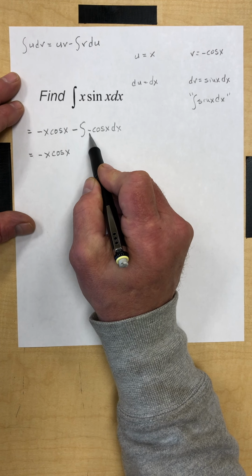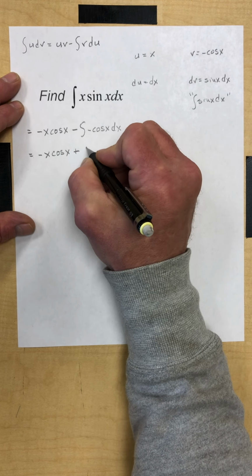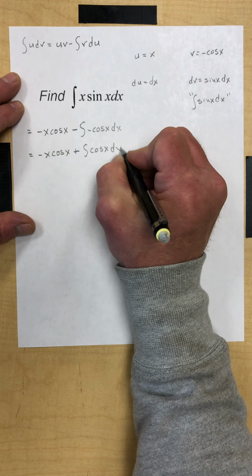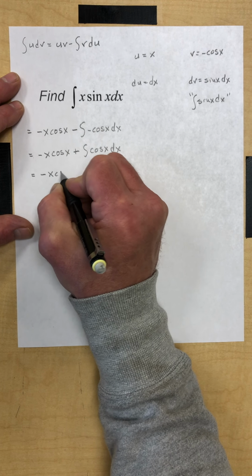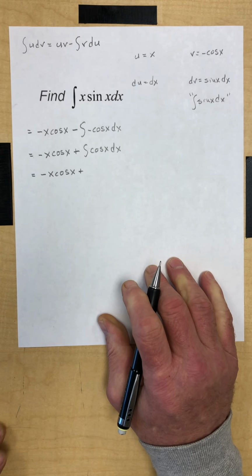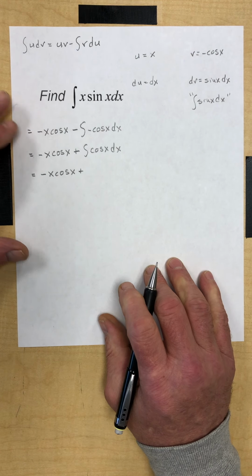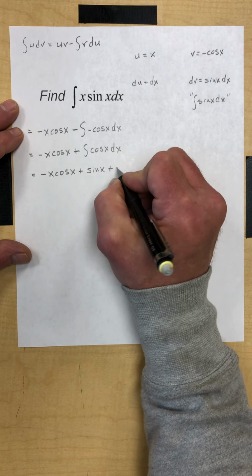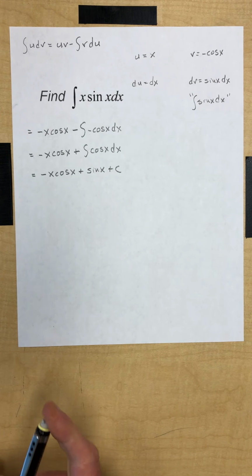Notice if I pull this -1 out front as a constant multiplier, it cancels with this guy, so we just get the integral of cosine of x dx. Then I integrate cosine of x, which takes me to sine of x. So that would be sine of x plus c. That would be my answer right there.